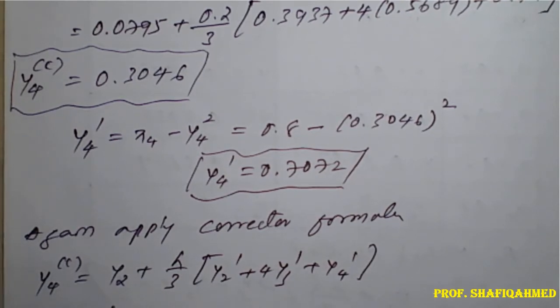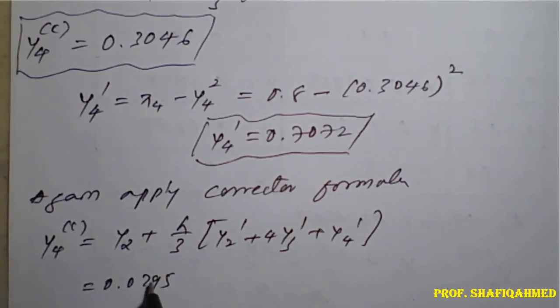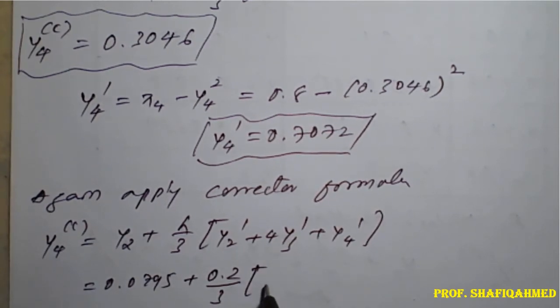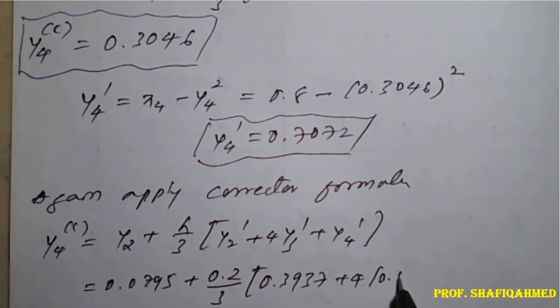So therefore y2 value is 0.0795 plus h value 0.2 divided by 3 from the formula, into y2 dash 0.3937 plus 4 into 0.5689.